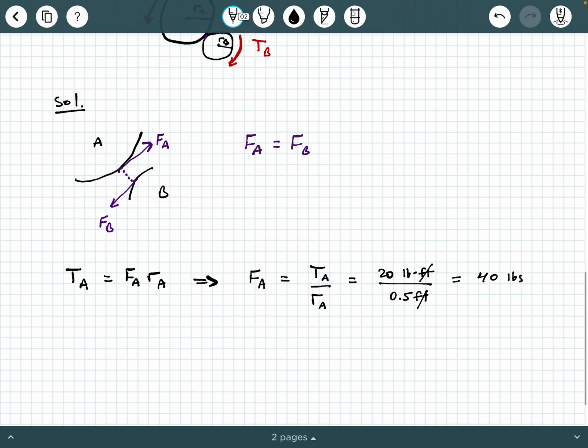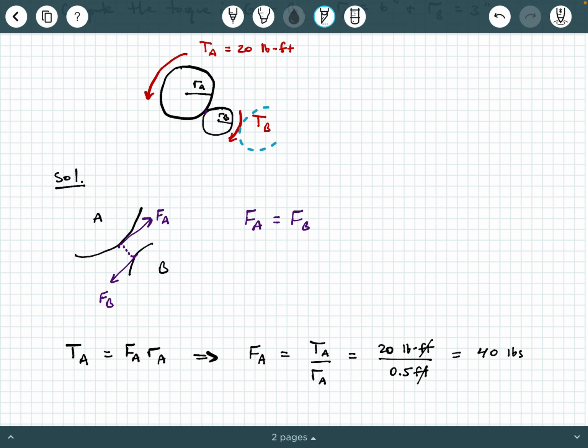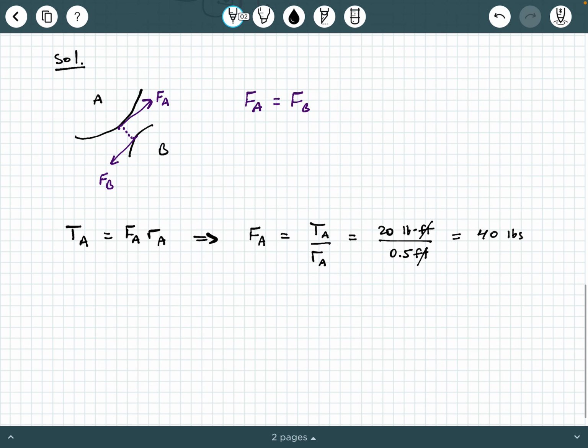And then what we finally want is this torque at B, right? So what we're going to say is the torque of B equals the force of B times the radius of B. But of course, the force of B is equal to the force at A, right? These are equal to each other. So what we're going to say here is this is just FA times RB.